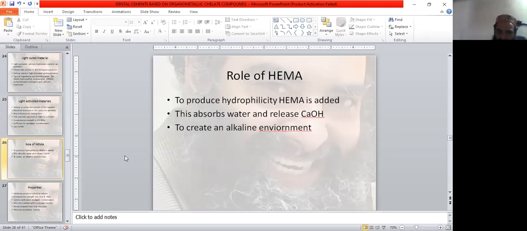Role of HEMA is to produce hydrophilicity, because this absorbs water and releases calcium hydroxide, which creates an alkaline environment. Otherwise, it is hydrophobic.